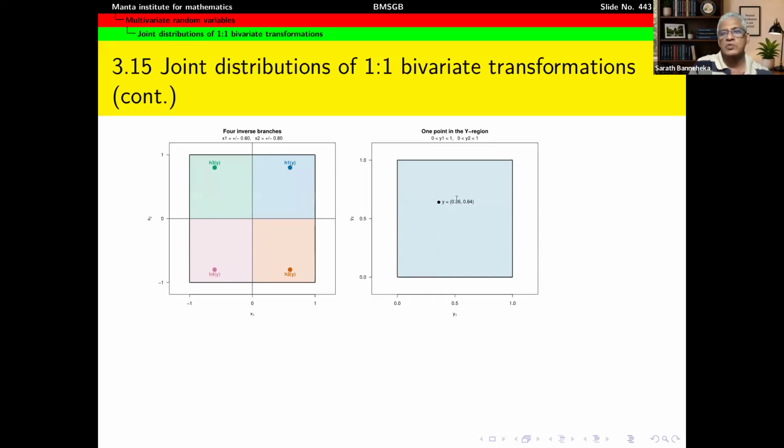I have chosen them just to make it easy to take the square roots. Then the corresponding x1, x2 can be either this point or this point or this point or this point. Here, x1 can be plus or minus 0.6, therefore x1 squared will be 0.36. x2 can be plus or minus 0.8, so x2 squared will be 0.64.